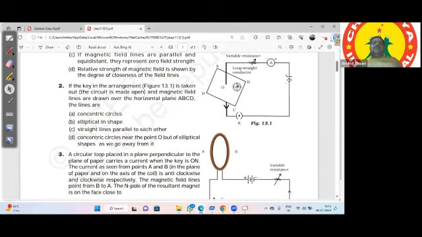If the key in the arrangement figure 13.1 is taken out, the circuit is made open and magnetic field lines are drawn over the horizontal plane ABCD. What will be the shape of the lines?